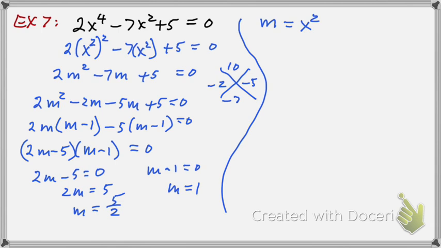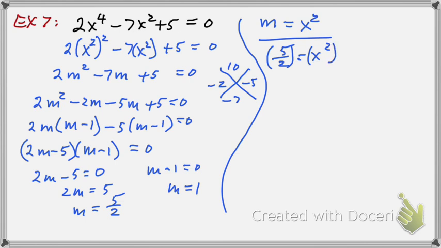So now I have to come back over here and substitute the values I got for m in relationship to x squared. So I'll take my first one, 5 halves equals x squared. So now what?